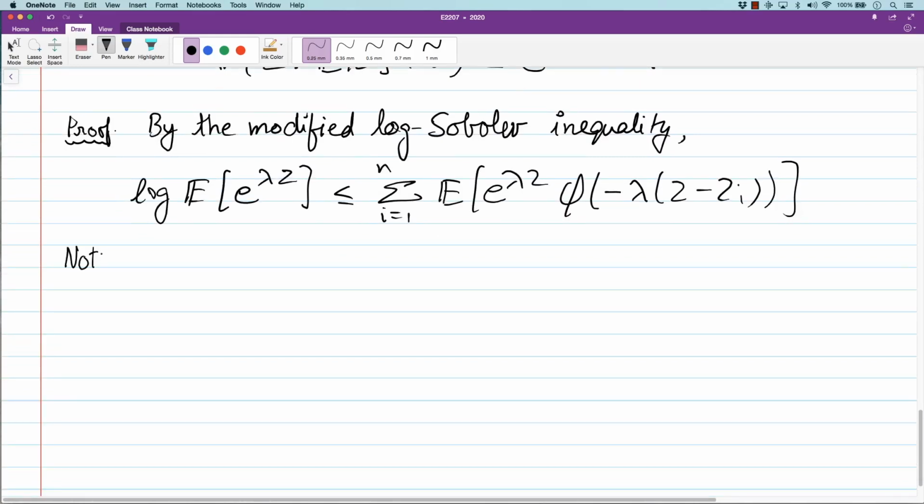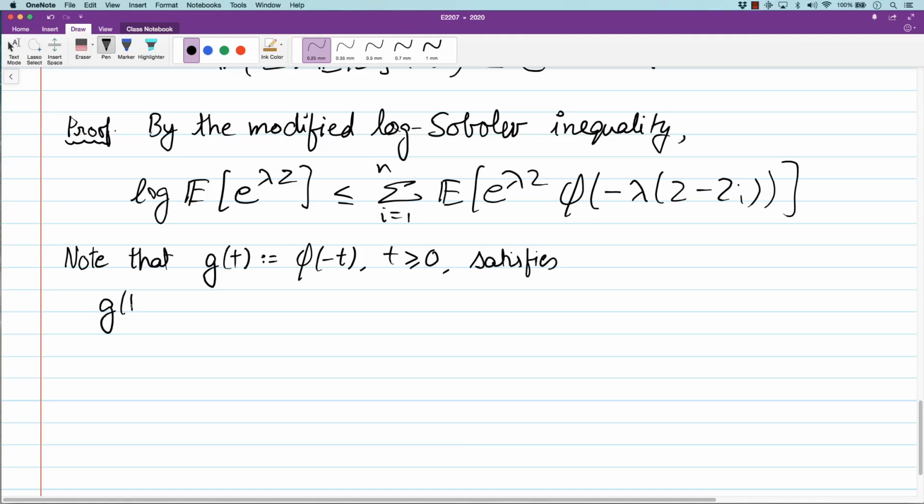Now note the function gt, defined as phi of minus t for t greater than or equal to 0. So let's see. This gt is e to the power minus t plus t minus 1.